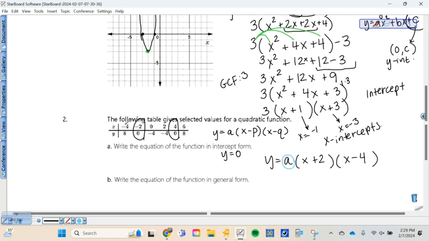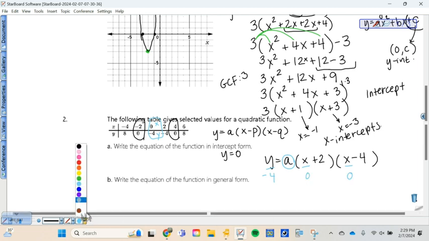That means I can take one of those pairs and plug the x coordinate in for x and then the y coordinate in for y. And that'll let me solve for a. Looking at those different values, this one's probably the easiest because there's a 0 there, and 0 is really easy to do any math with, right? So I'm going to plug in my 0 for x and my -4 for y. And that's going to let me solve for a.